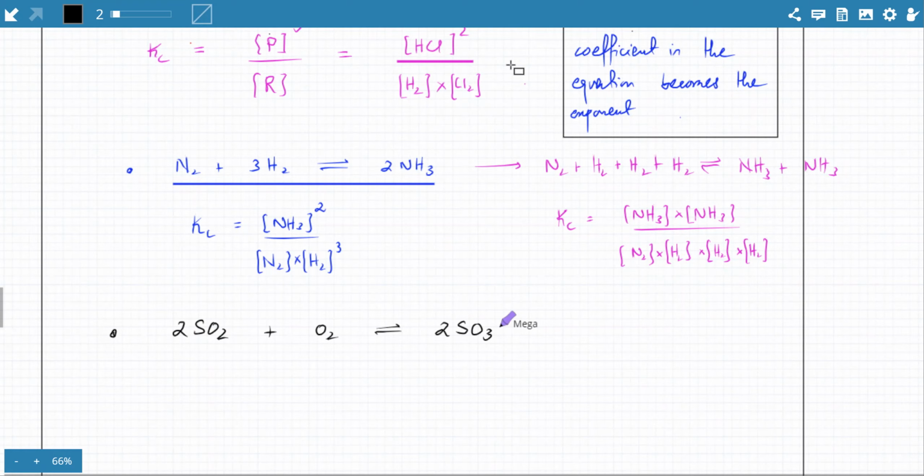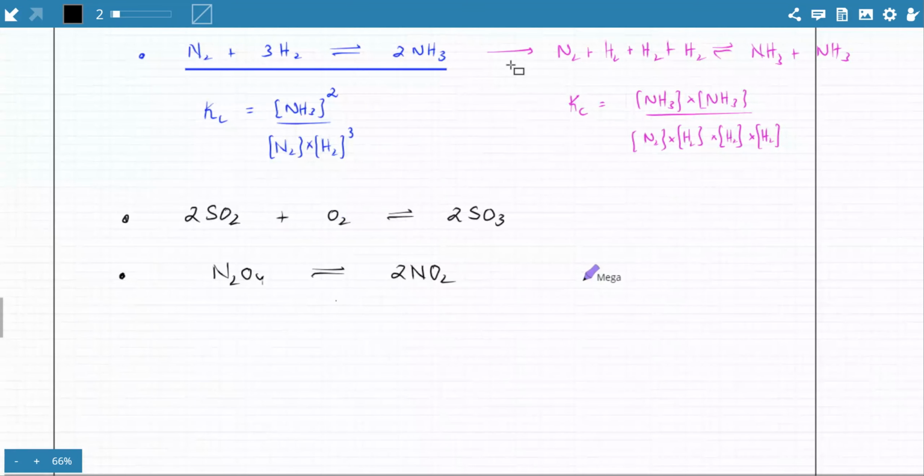And I'm going to give you another one as well. It's N2O4 in equilibrium with 2NO2. And that's number 3 as well. Tell me for all three. Send me a picture if you can quickly on WhatsApp.